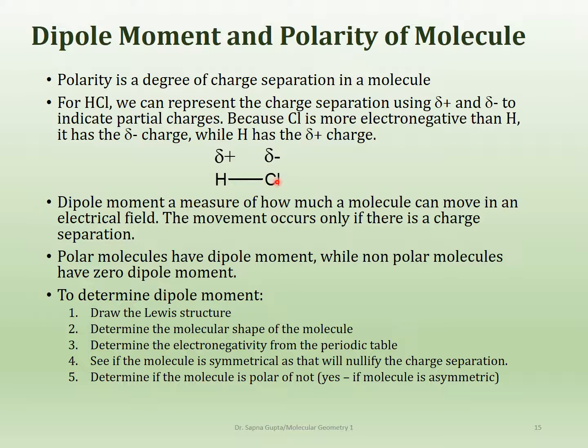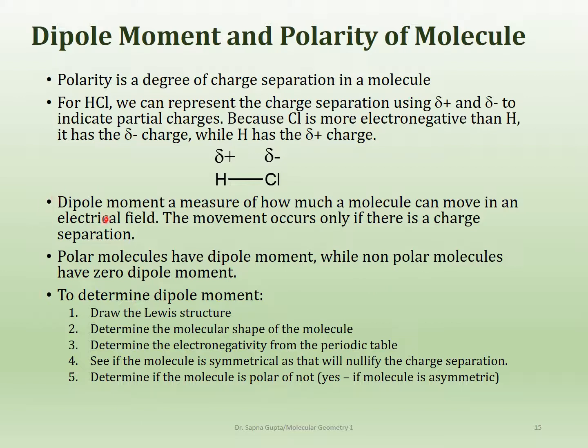So for example, HCl has a dipole moment because there is a charge separation going on. Some molecules will have a dipole moment, whereas some molecules will not. Any molecule that does not have a dipole moment is called nonpolar. Anything that has a dipole moment is called a polar molecule. For us, that's all we are concerned about, whether a molecule is polar or not.